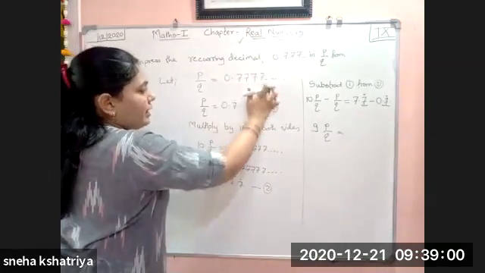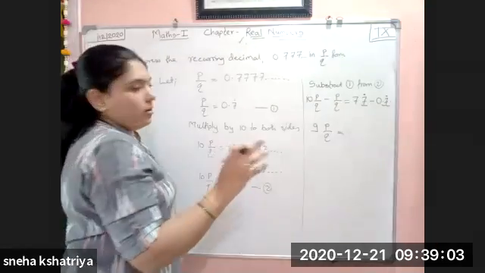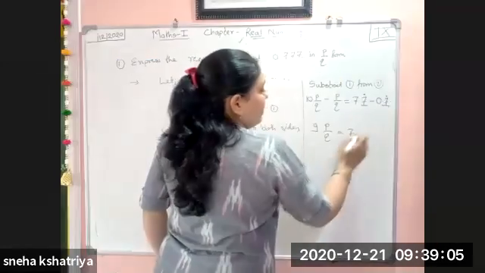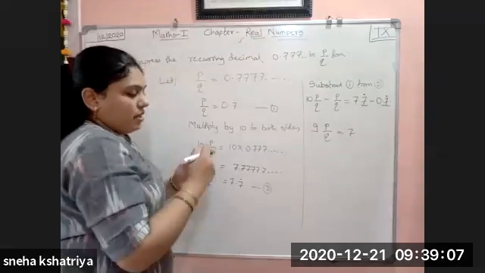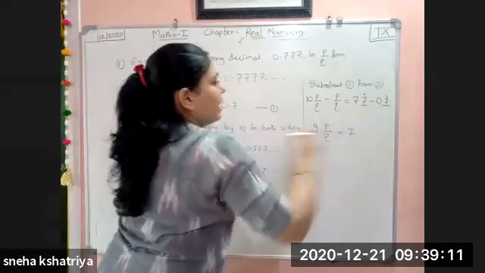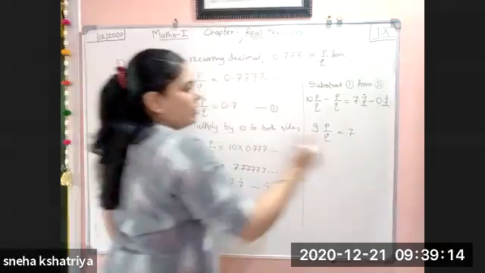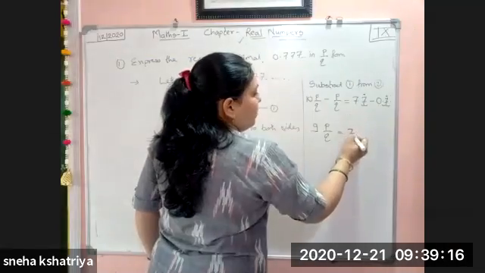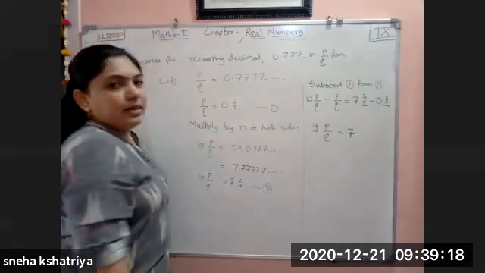Whatever the point is there, that will be gone. Only 7 will remain. The point after 7, that 0.77, will be cancelled. It will be subtracted, so we get here a number that is 7.